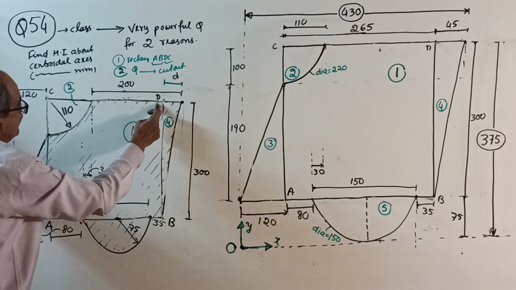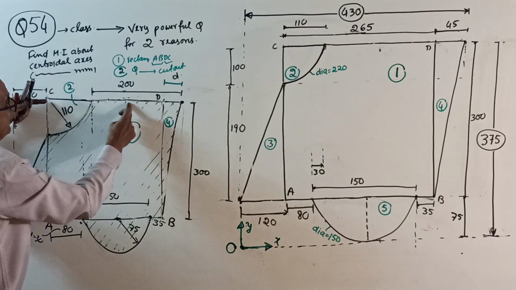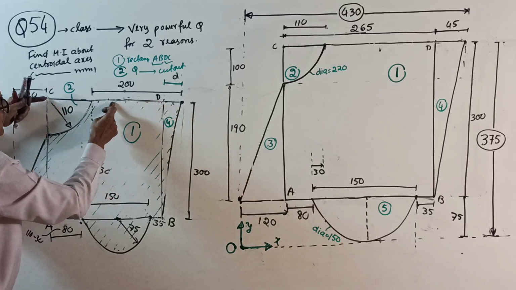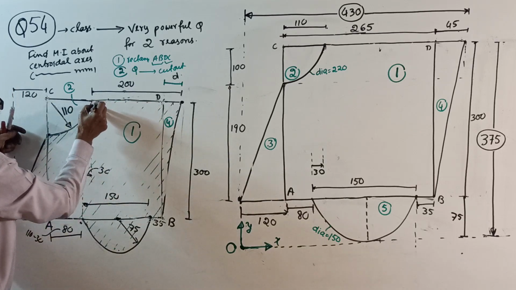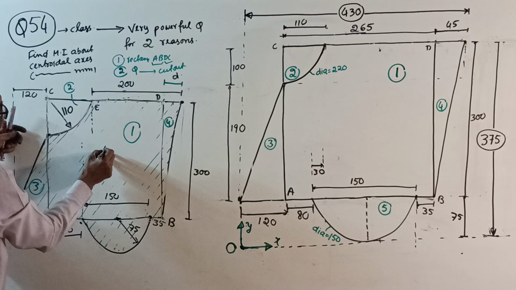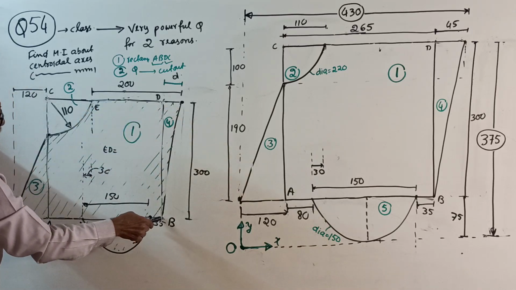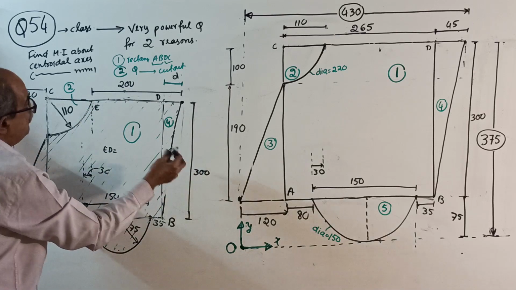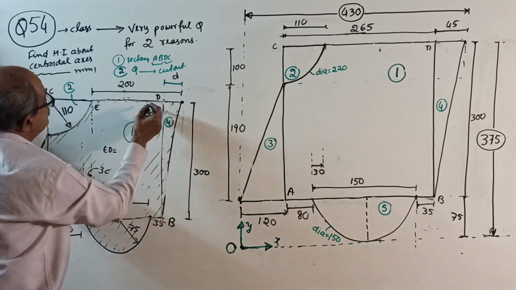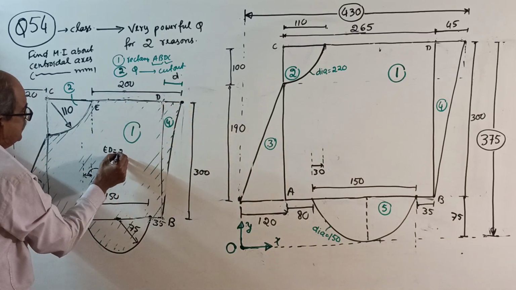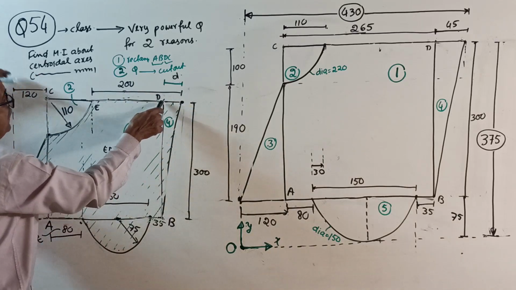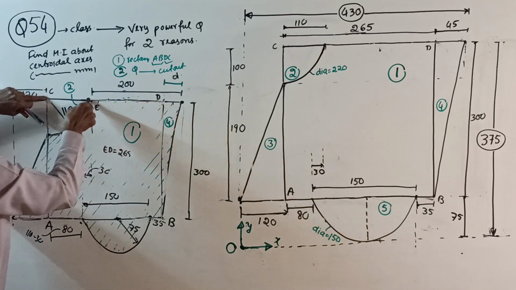See here. That distance, see, correct, clear, A, B, C, D, I will put point E here. You calculate what is ED. Your ED is equal to the base of the rectangle, which is already calculated as 265. 265 is this base.